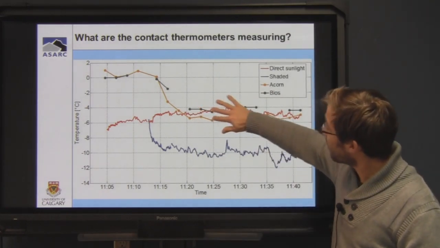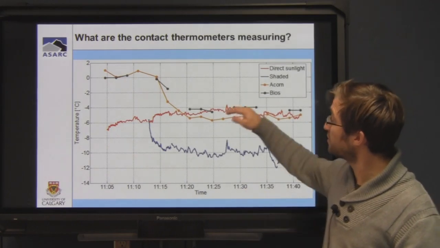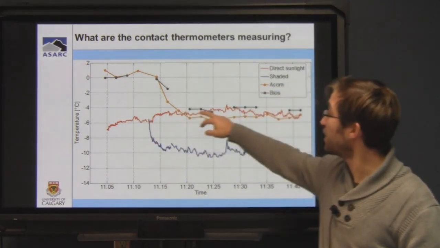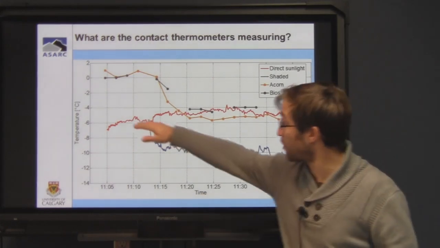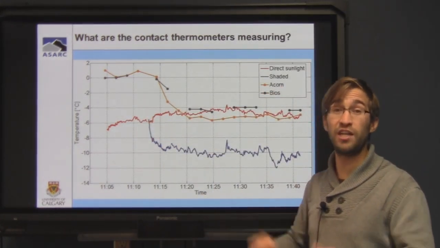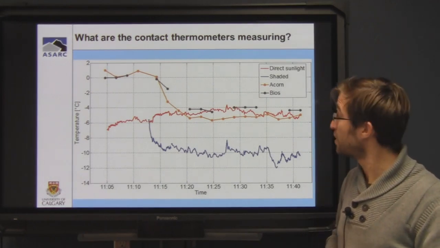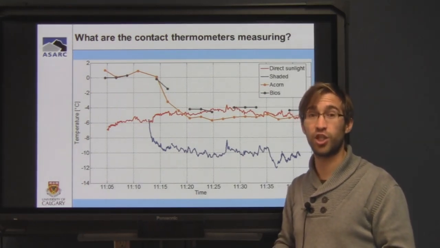What you can see, however, is that these measurements are quite the same as the surrounding measurements in the sun. So you could say, perfect, when I want to measure that, I just put my thermometers in the shade and I will get the temperature in the sun. But as you can see soon in my next slides, this is just a coincidence.